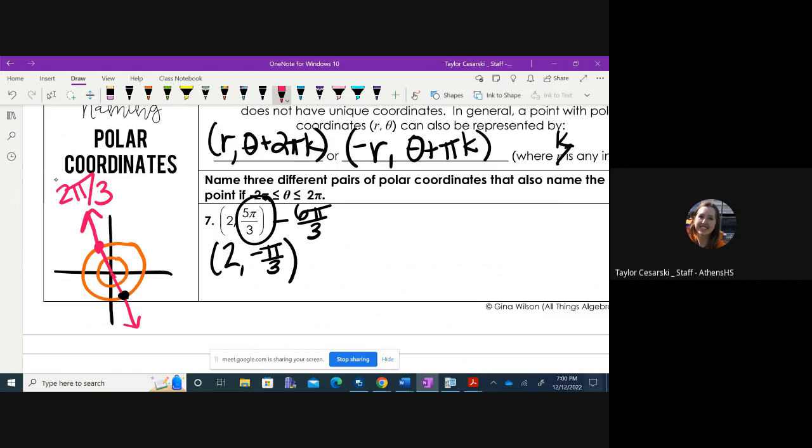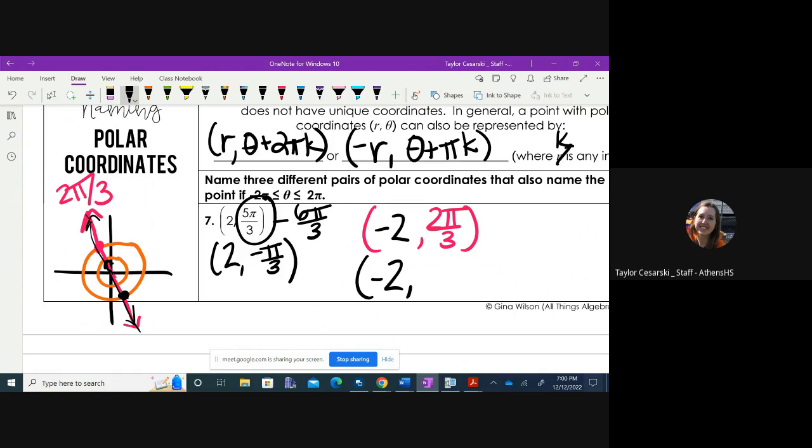So if I'm facing towards 2 pi over 3, which is exactly across the circle, so I'm facing this way, instead of walking 2 steps towards 2 pi over 3, I'm going to walk 2 steps backwards. Because those are on the same line, you're going to end up at the same place. 2 steps backwards, if I'm facing 2 pi over 3, will get me to 5 pi over 3.